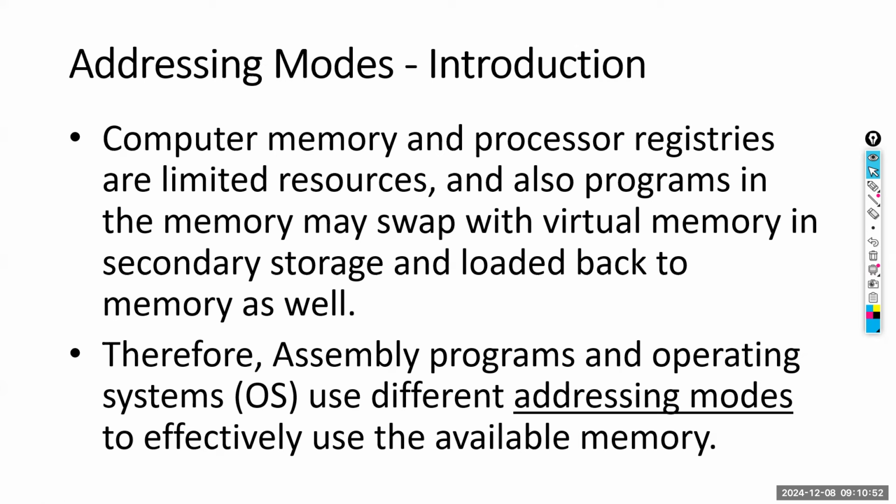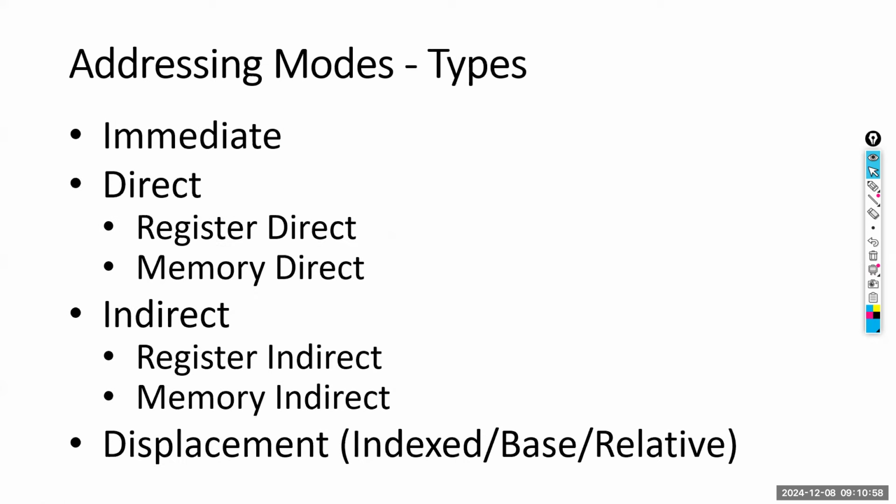So there are different ways we can refer to memory addresses. We call them addressing modes. Right. So there are 4 addressing modes in assembly coding. First is immediate addressing mode, then direct addressing mode, indirect addressing mode, and displacement addressing mode. Another name for displacement is index based or relative. So let's take them one by one.